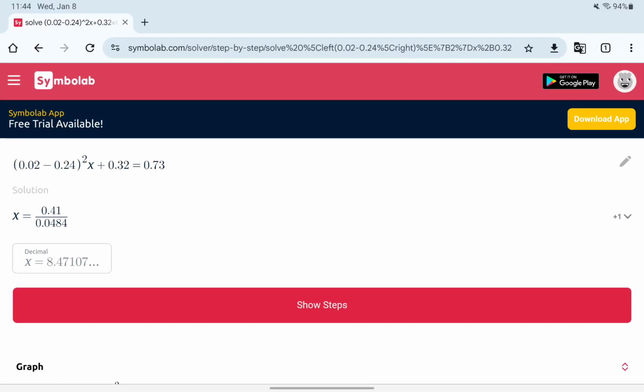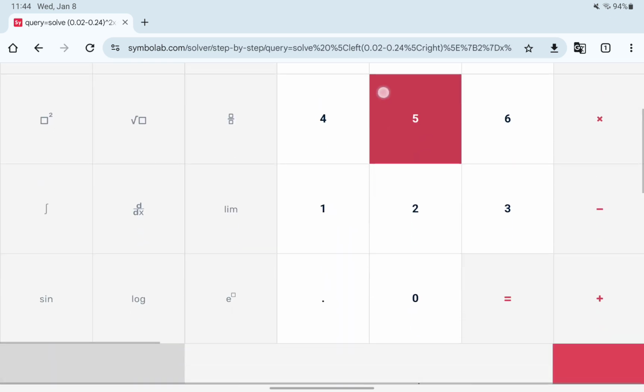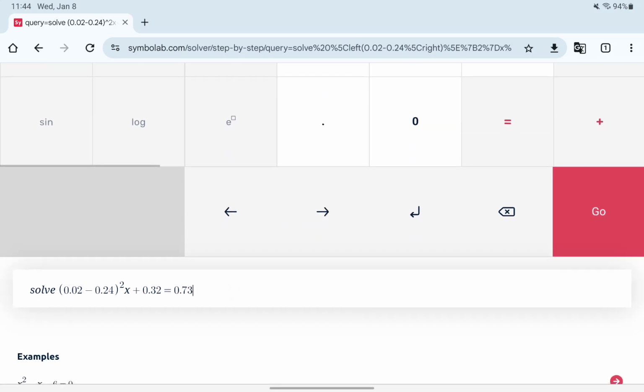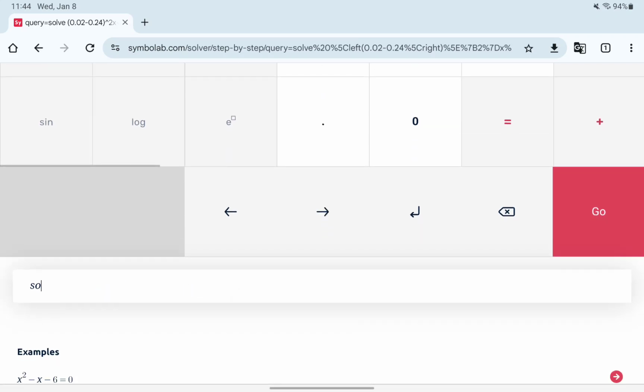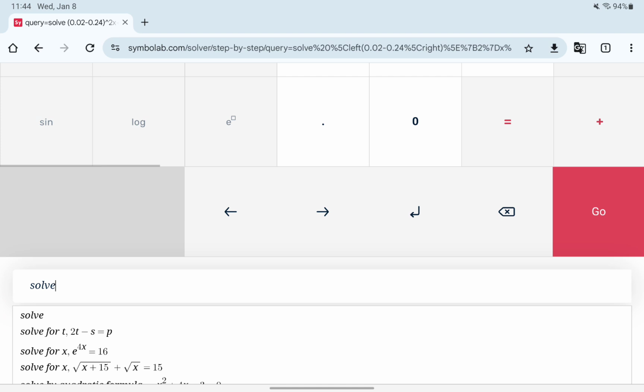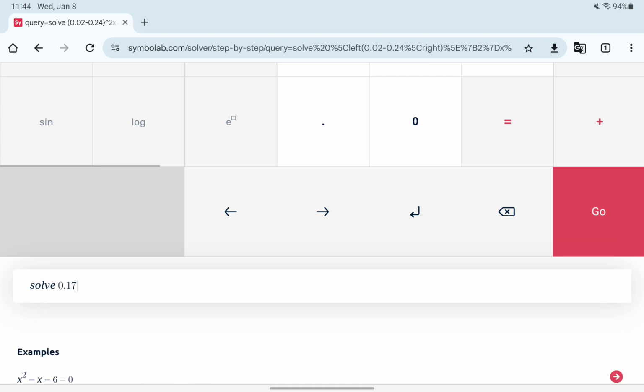And then we can do the same thing with our next equation. Tapping the pencil icon will let us back into that box to enter our equation, and this time we'll ask it to solve 0.17y minus the quantity 0.72 plus 0.37.